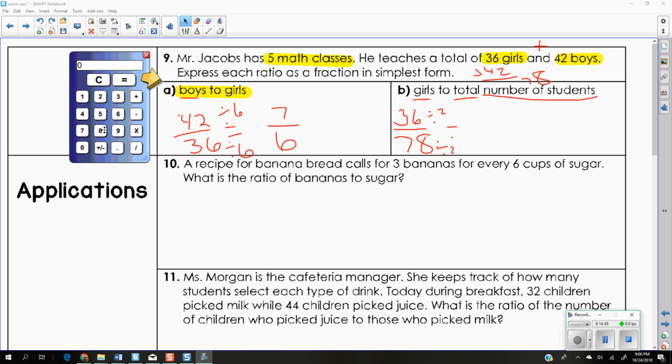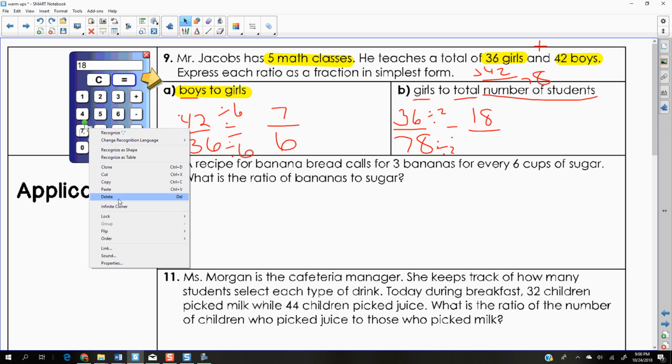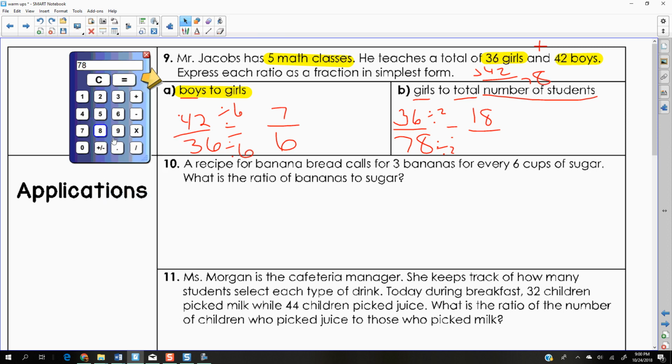So I am going to do 36 divided by 2, and your calculator is going to look different, which is 18. So I'm going to go ahead and write 18, and then 78 divided by 2 is 39.